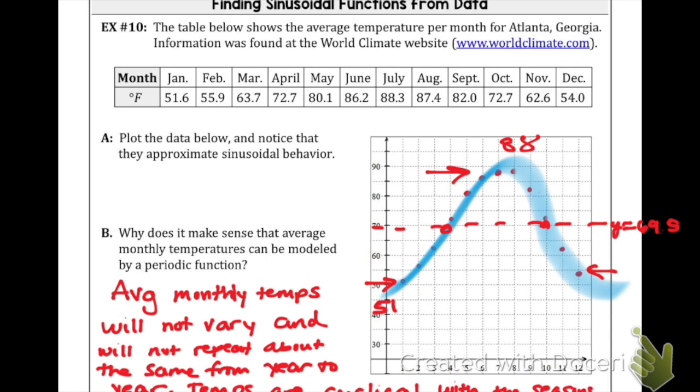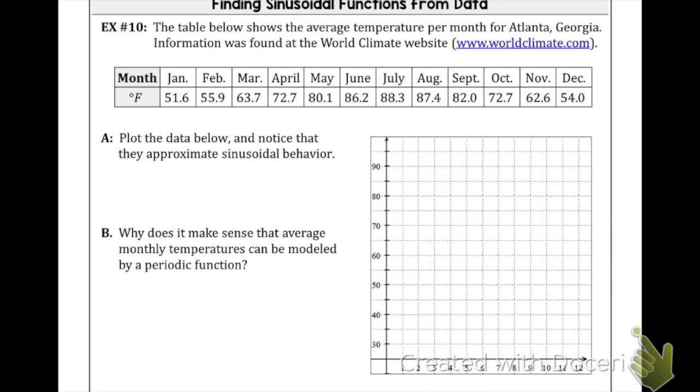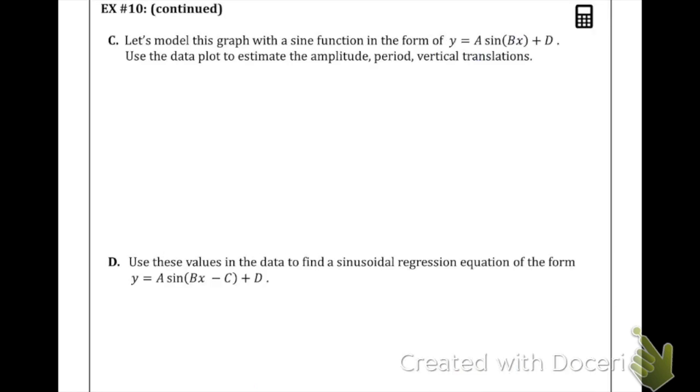Okay, so moving on to the next page, we're going to focus on part C. Part C says, let's model this graph with a sine function in the form of y equals a sine b of x plus d. So we went through, amplitude, let's actually use the highest point.